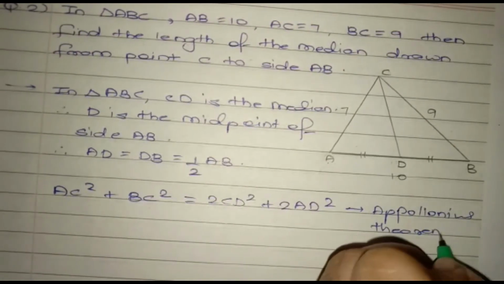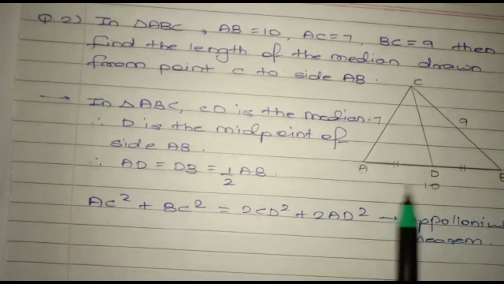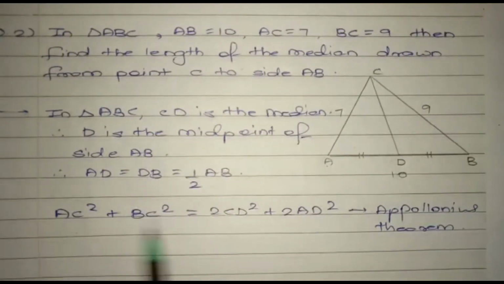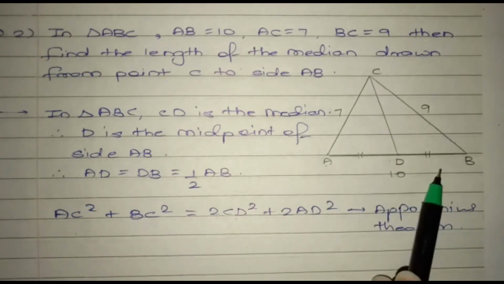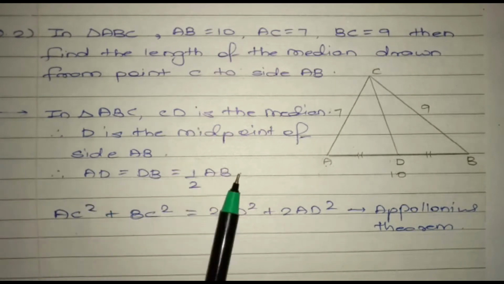So here we need AC, which is given, then BC, which is also given. CD we have to find out, and AD is not given but AB is given, and AD we can find as half of AB.